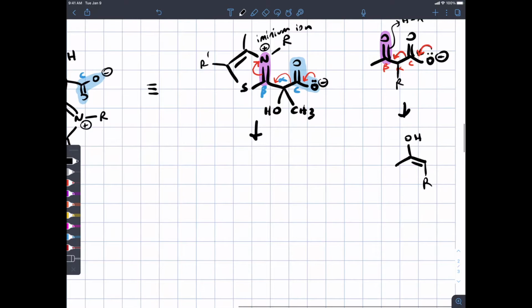So let's draw what would happen after we do that. The molecule that's left looks like this.